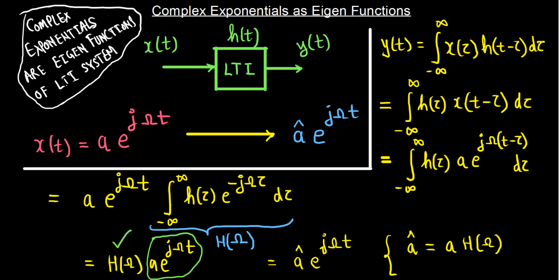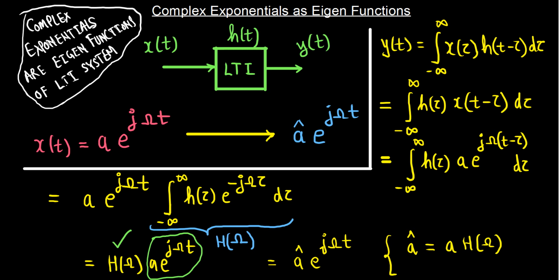And here this Eigen indicates, Eigen is a word whose meaning is within or self-reflection. So this output is simply the reflection of the input but with a change in the amplitude. That's why it is called an Eigenfunction.